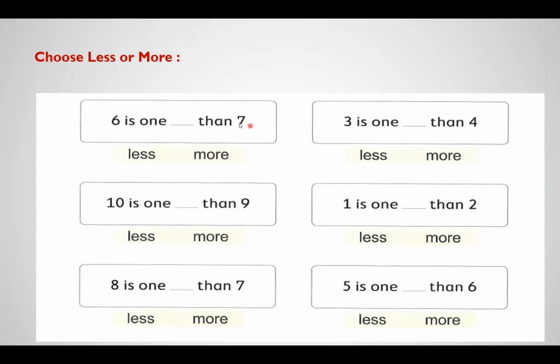Of course, 6 is smaller than 7. So again, I'm going to look at the first number and see if it is small or big. We have 6 and 7. So of course, 6 is small, and we said small means less.